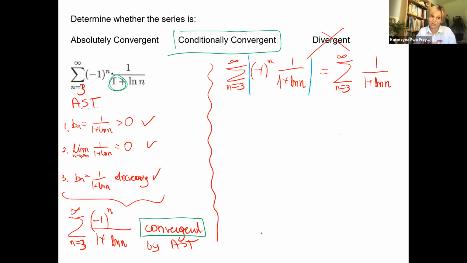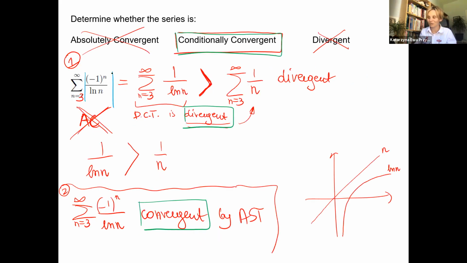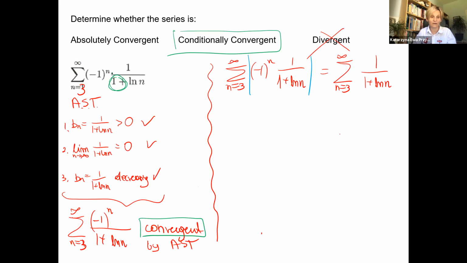It has to be conditionally convergent. It's an educated guess, because we did the entire work for just ln of n in the denominator. Now we have ln of n plus 1.